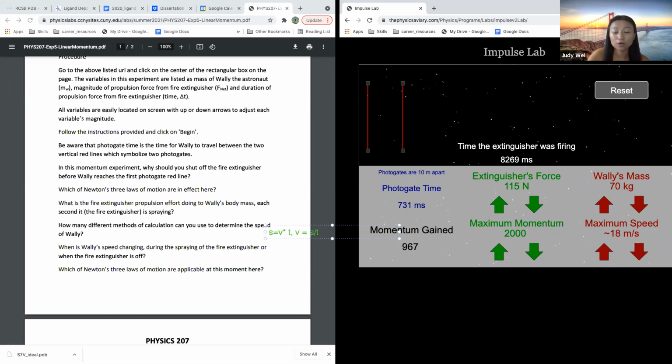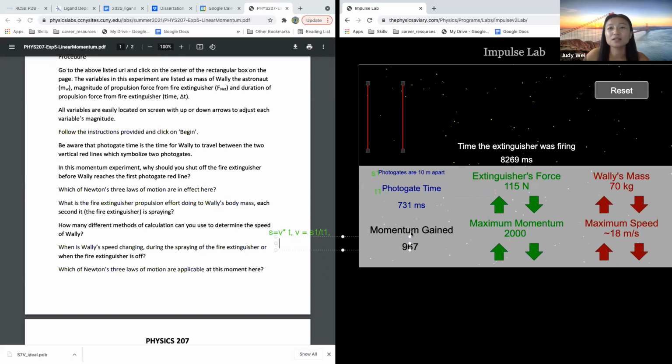We know the photogates are 10 meters apart, and they will record the time here. So here is s1, t1. We have at least three methods to calculate the speed, so I don't want to get you confused. That's one way.